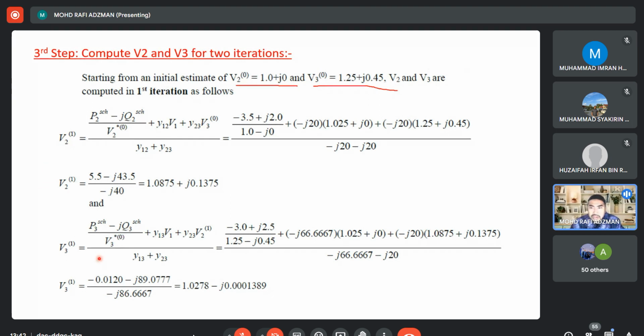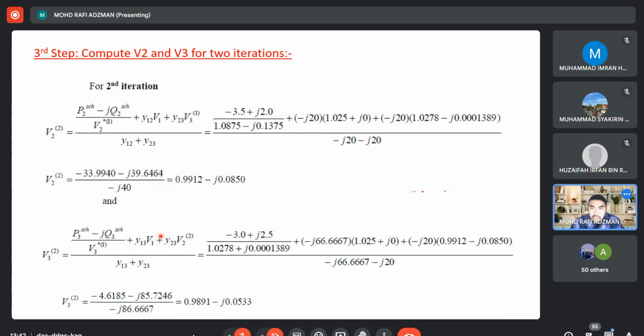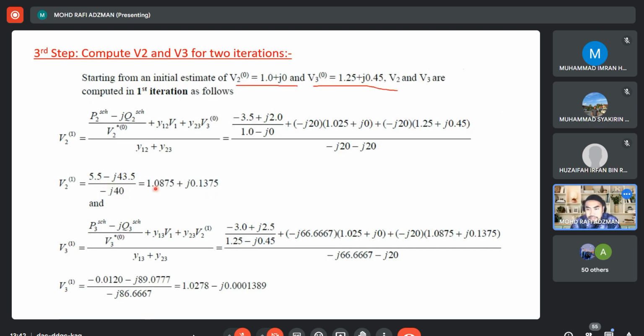Okay, so now continue with second iterations. So once you get the value for V21 and V31, you need to use it to calculate for V22. So V22 is equal to P2 schedule minus JQ2 schedule divided by V2 conjugate using first iteration value, which is this one.